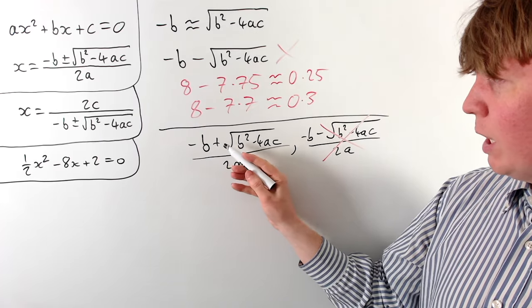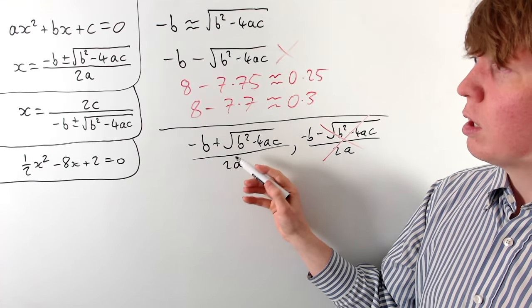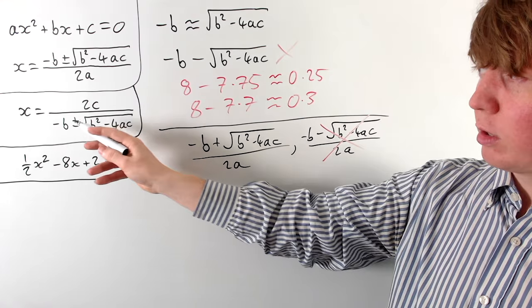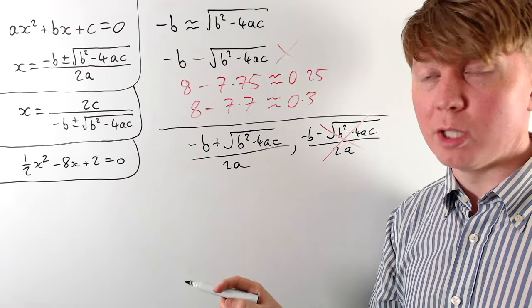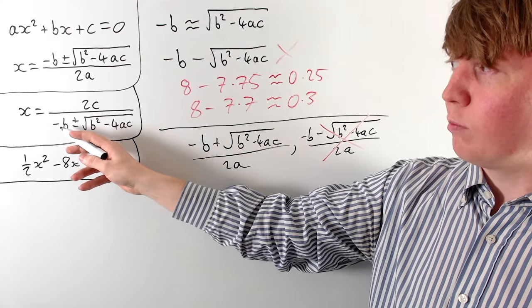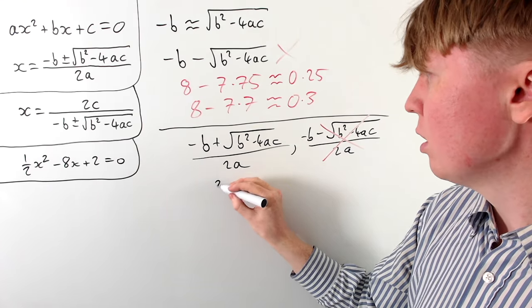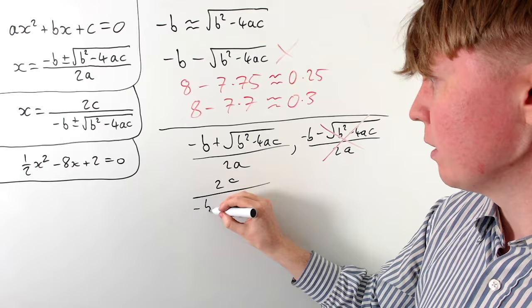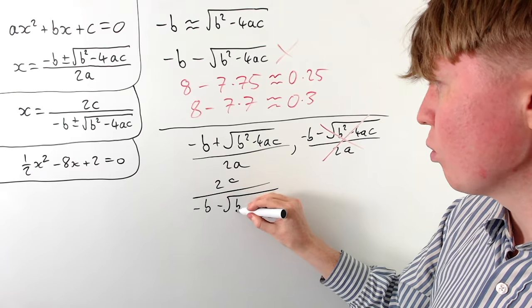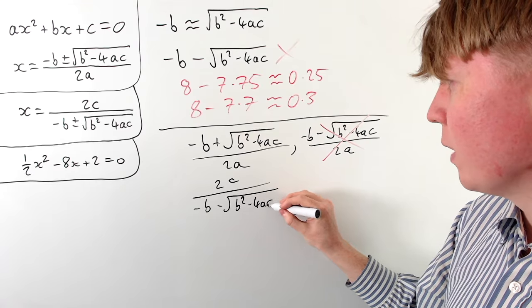So here, when we have minus b plus the square root, it turns out that this is equivalent to, in the alternative formulation, the calculation where we'd have minus b minus the square root. This one corresponds to 2c over minus b minus the square root of b squared minus 4ac.